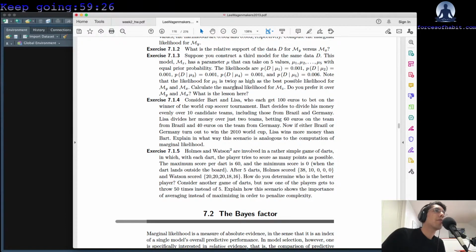Well, what are the probabilities? Oh, okay, equal probability. That's what I was missing. So these are all going to be divided by 5.